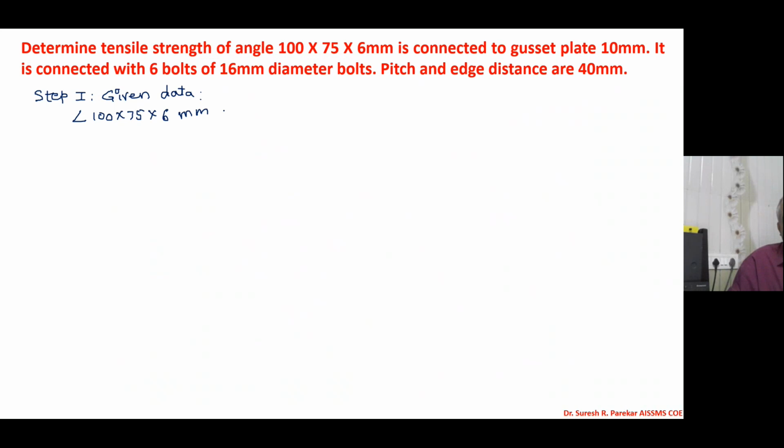Now from the steel table, you determine its area. The area of this angle section is 1010 millimeter square. Then again, what is given? Thickness of gusset plate, 10 millimeter.